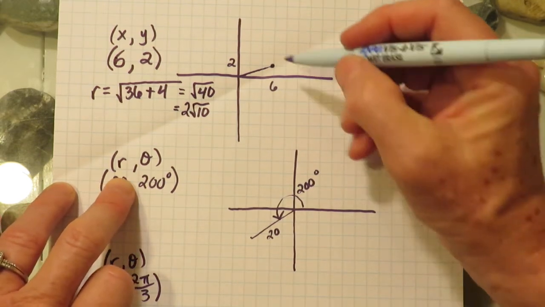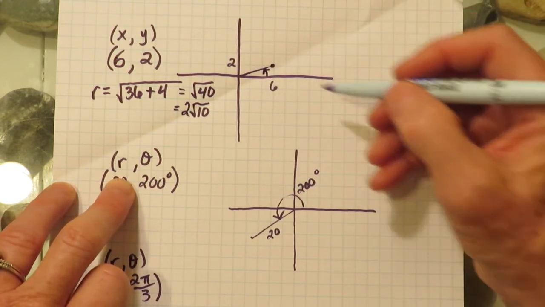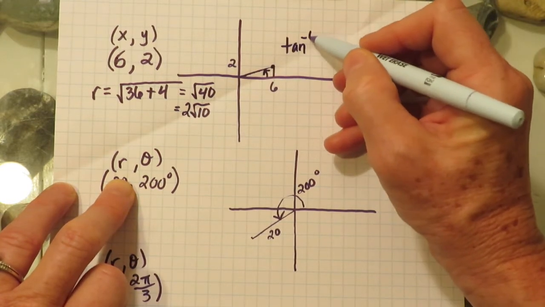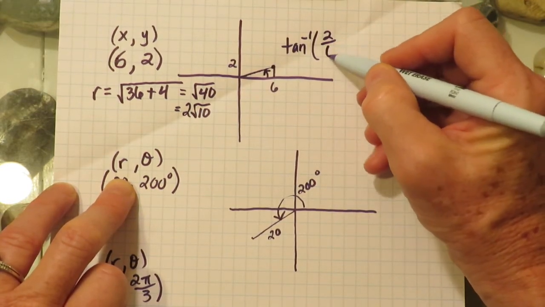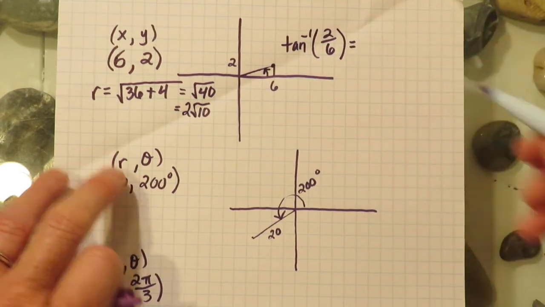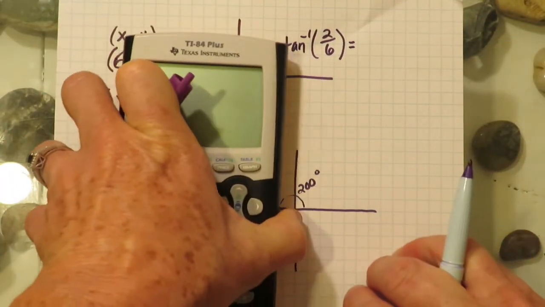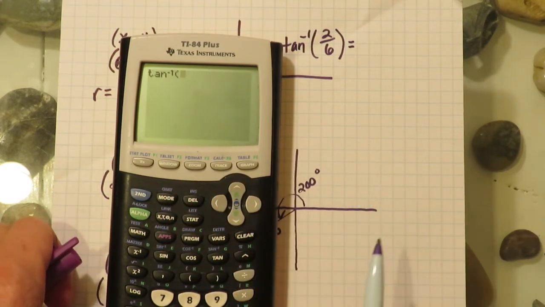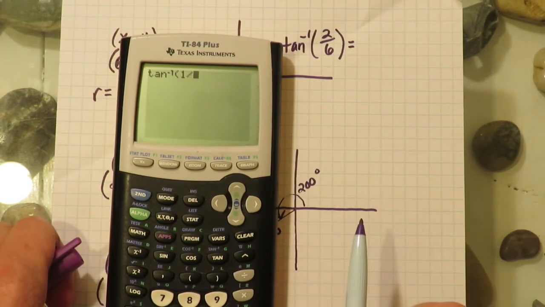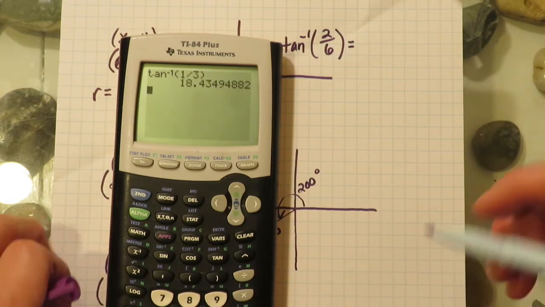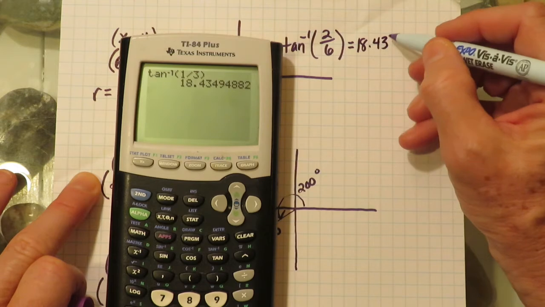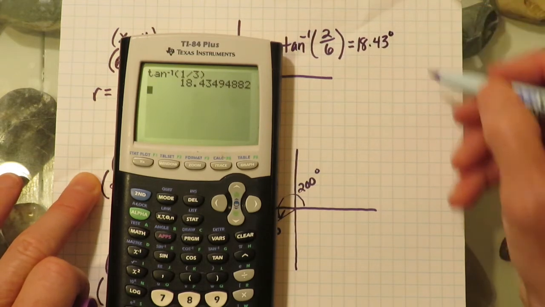Now the angle is this angle here, and 2 is the opposite side, and 6 is the adjacent side. And we will go ahead and round this, but inverse tangent of 1/3, because 2 over 6 reduces to 1/3, gives me 18.43 degrees.